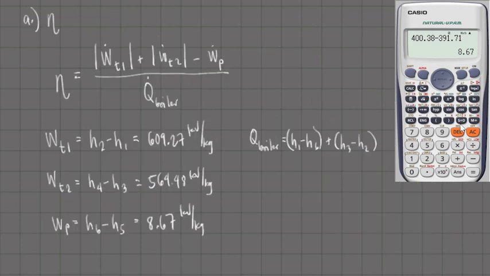Solving the value, we have H1 is 3349.02 minus H6, 400.38, plus H3, 3354, minus H2, 2739.75. Our total Q boiler is equal to 3562.89 kilojoules per kilogram.